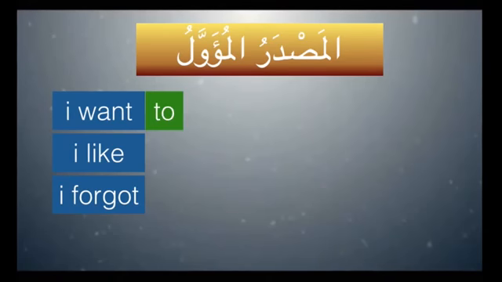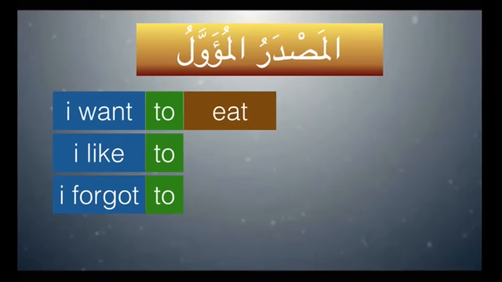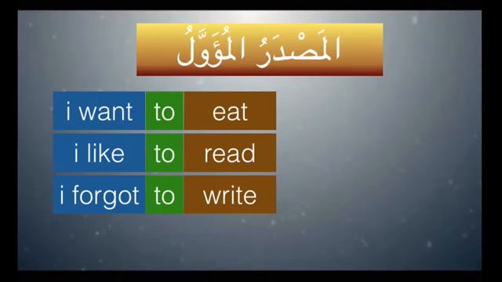That's the normal preposition which we use. I like to, or I forgot to. And what comes after to is a base form of the word. For example, if you want to eat, you say I want to eat. I want to read. I want to write.